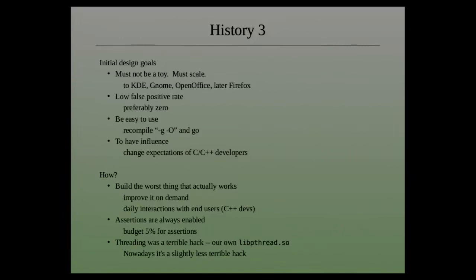OpenOffice is good because it's extremely big, and it contains a whole bunch of threads, which in 2003, 2004 was a relatively not so mainstream thing, which has since become important. Later, I wanted to run Firefox, and Firefox is an even more stressful test than OpenOffice, mostly because it generates a lot of code itself.